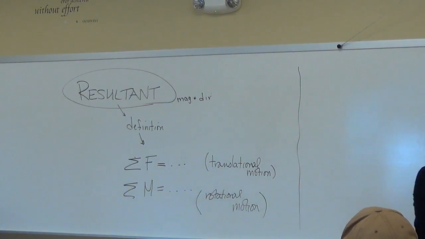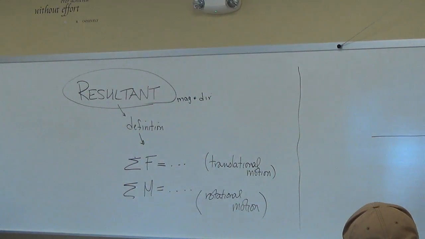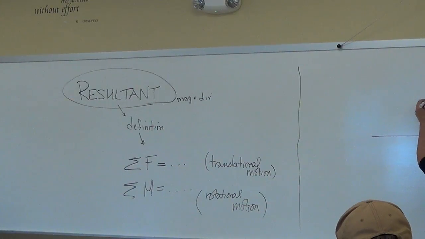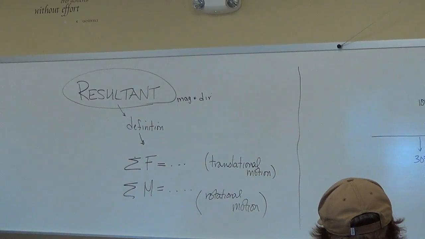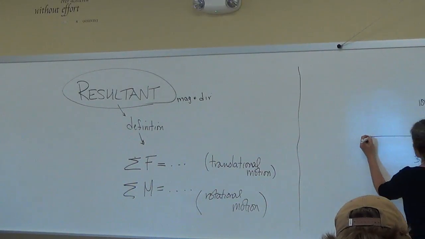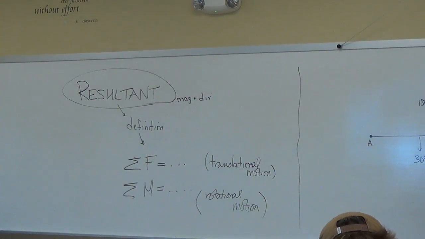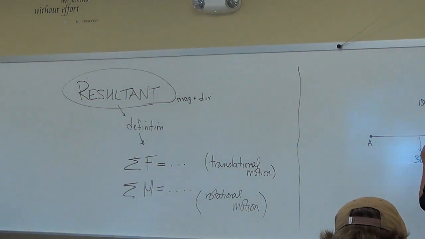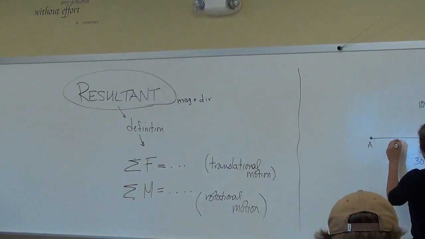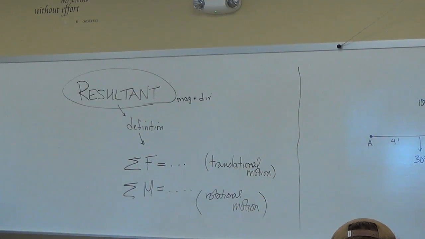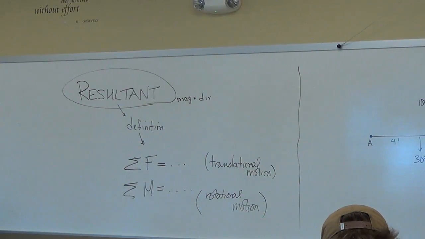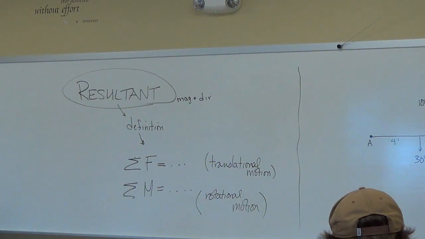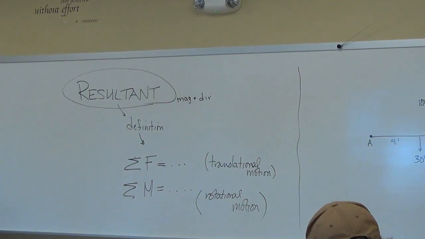Okay, next. I have a bracket. I have a 100-pound force here. Notice I like pounds, huh? And I have a 20-pound force here, and this is point A, and this is 3 feet, and this is, I'll use different numbers, so 4 feet, this is 2 feet, this is 5 feet.